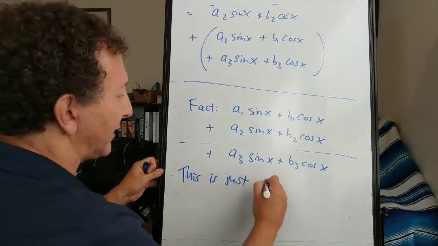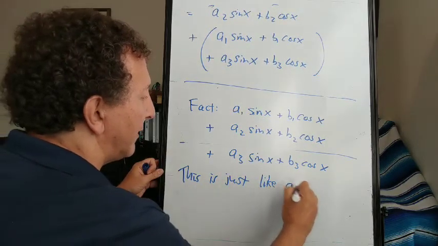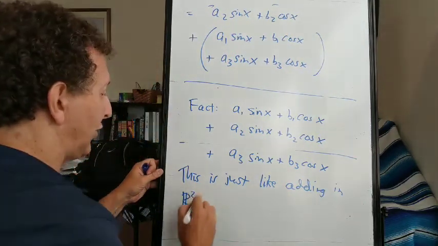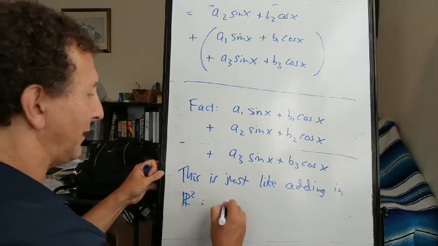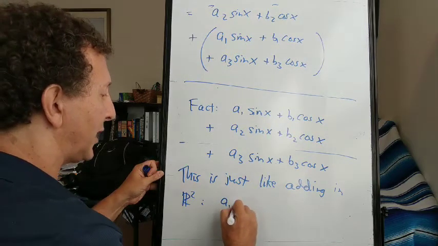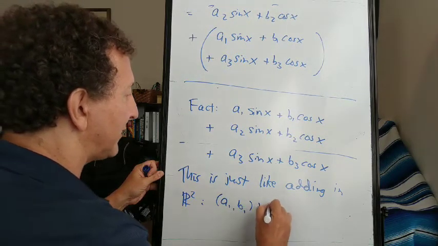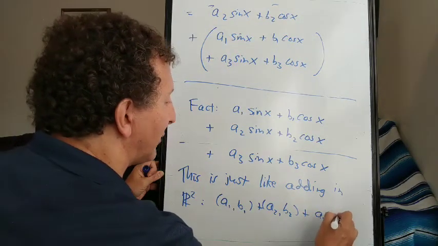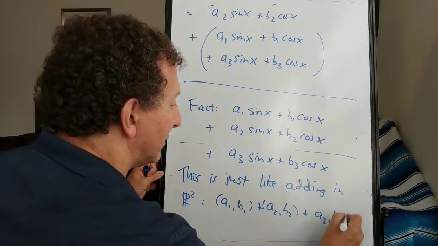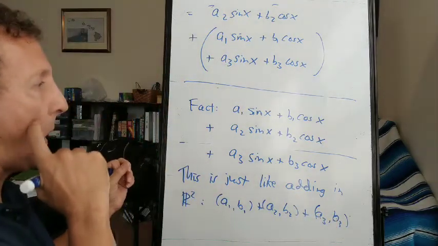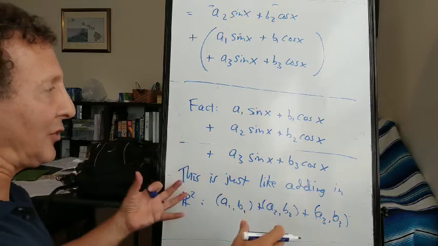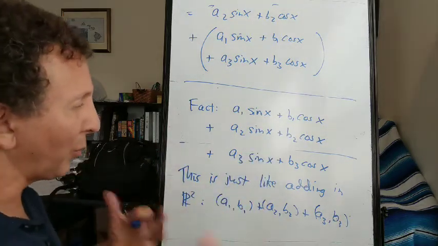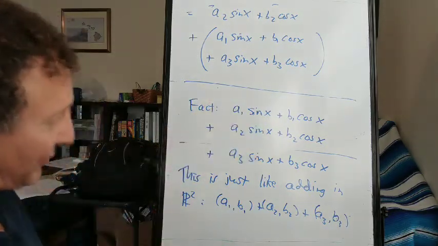So this is just like adding in R2 pairs of real numbers, because we're basically saying (a1, b1) plus (a2, b2) plus (a3, b3). Right? And when we're done doing the addition, then we're going to put the sine x back in its place and the cosine x back in its place. But all the work we're doing is really on the coefficients.